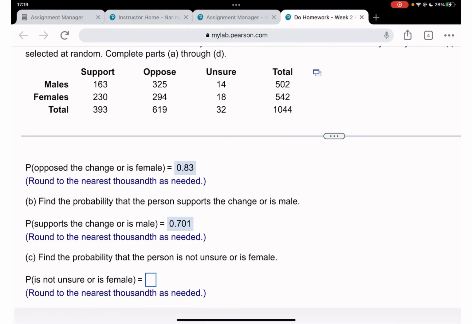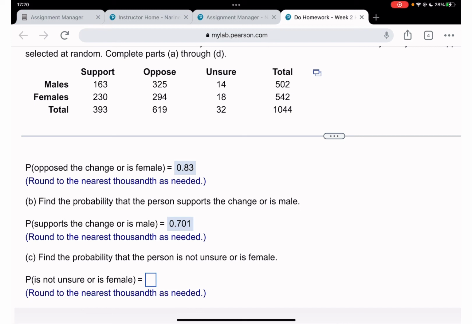Next one. We need to find the probability that the person is not unsure or is a female. When we say is not unsure or is a female, it is going to be the complementary event of is unsure and is a male. Therefore we need to find the complement of unsure and male.